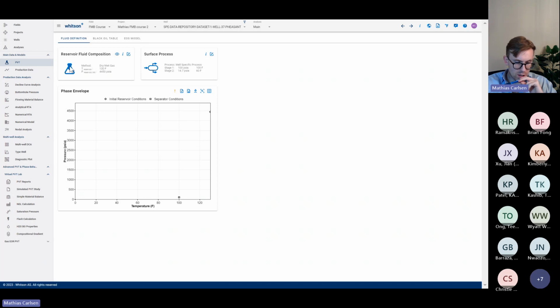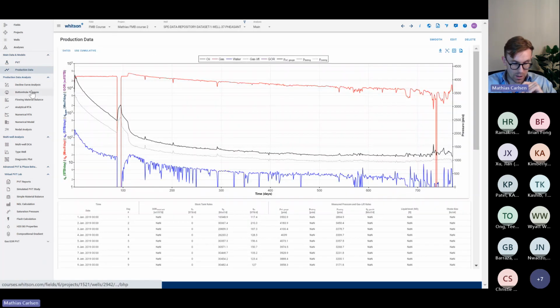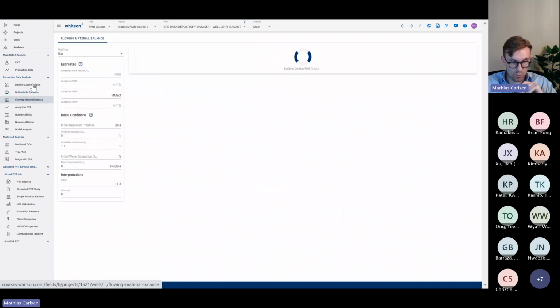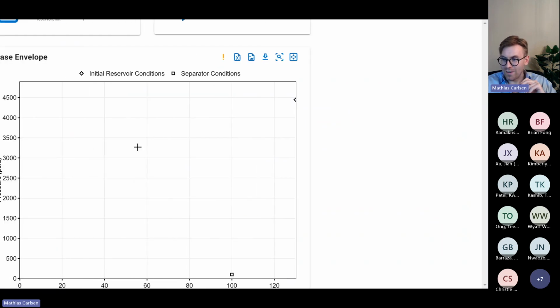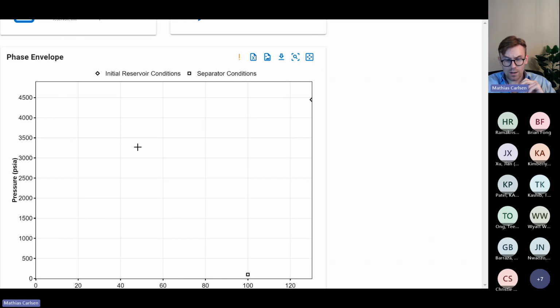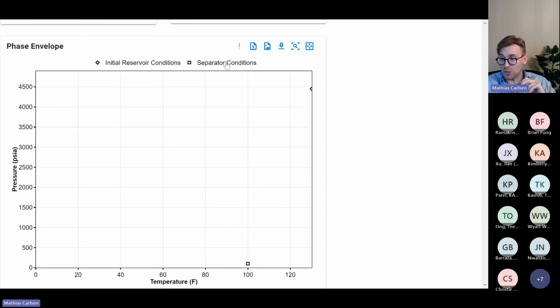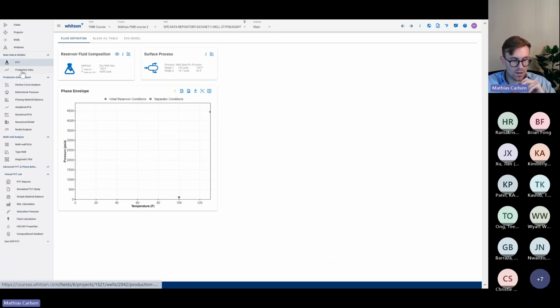So when you have 0.6 there, and we have production data and bottom pressure data, we're ready to do our multiphase FMB or our FMB. One thing, here, the phase envelope is basically empty, and that's because it's so dry, there's no two-phase region. So that's totally fine, nothing to worry about.